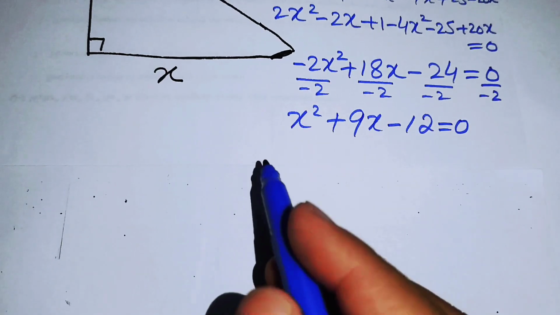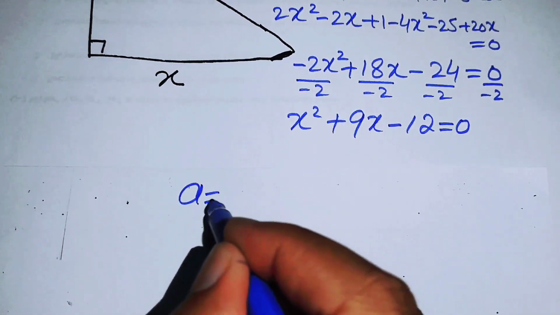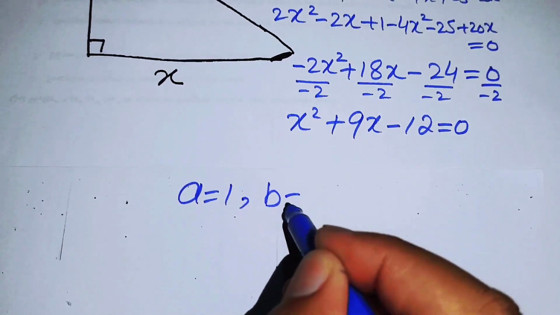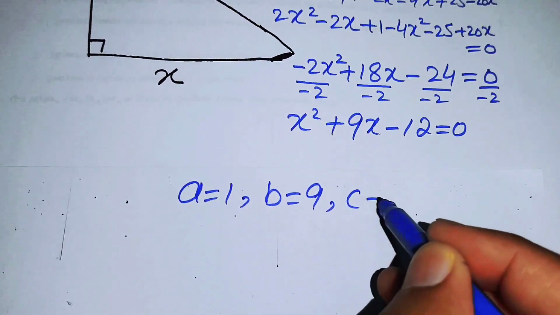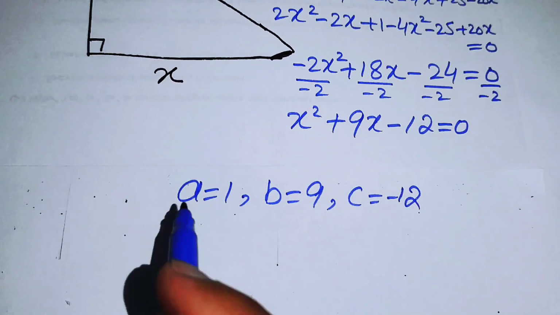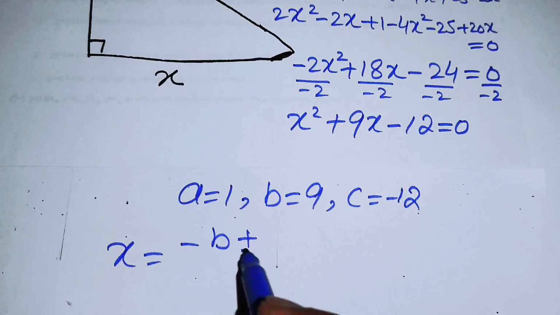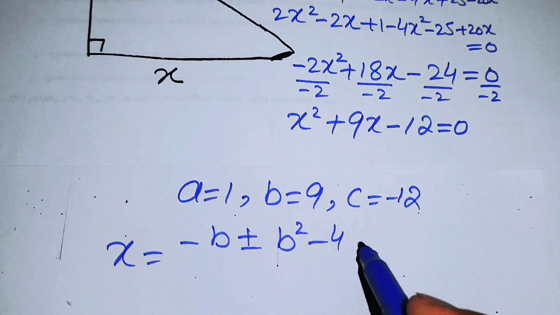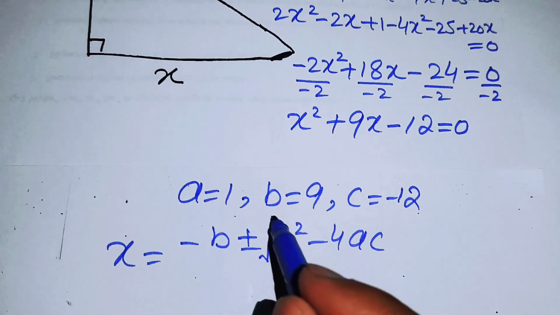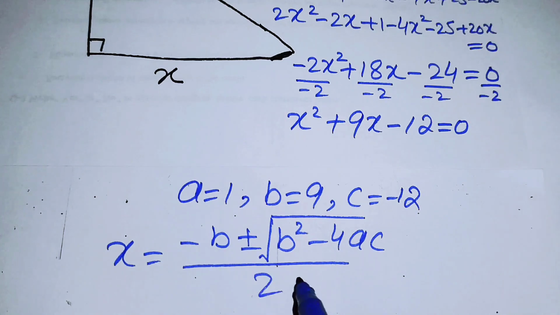Here you see that the value of a is equal to 1, b is equal to 9, and c is equal to minus 12, and our quadratic formula is minus b plus or minus the square root of b squared minus 4ac, over 2 times a.